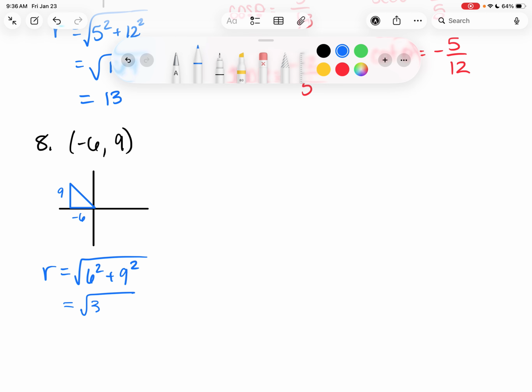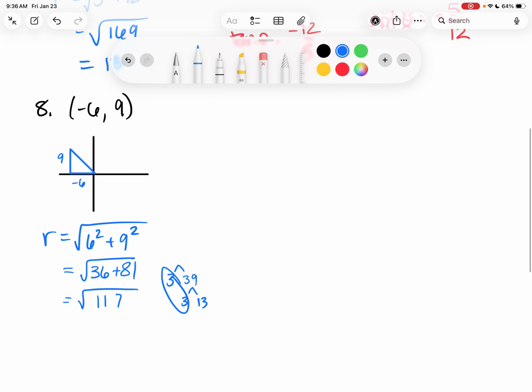So it's the square root of 36 plus 81. Square root of 117. I don't know if I can take anything out of that. Let's find out. I can do 3 and 39. Yep, so I can take out a 3.